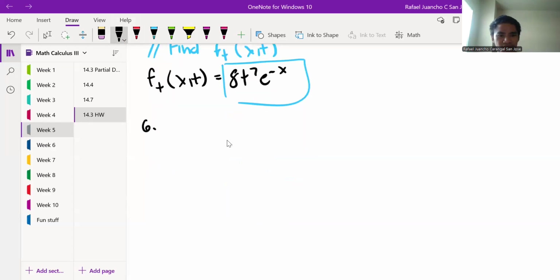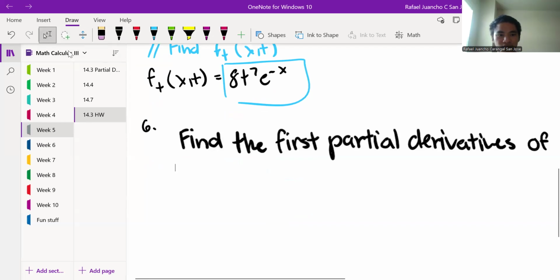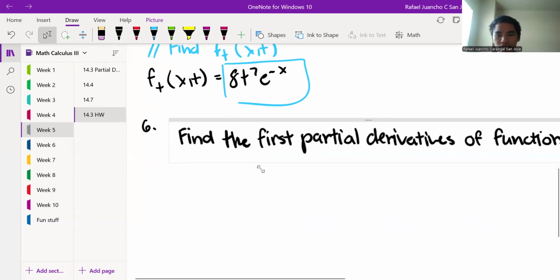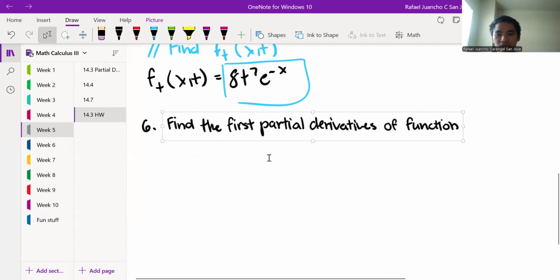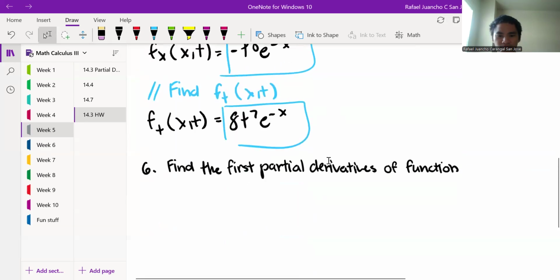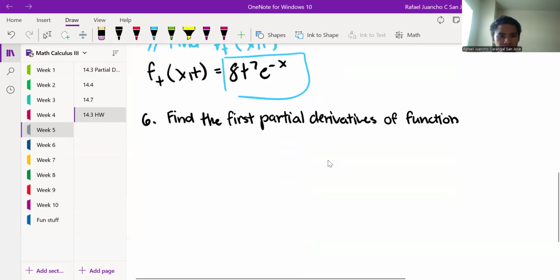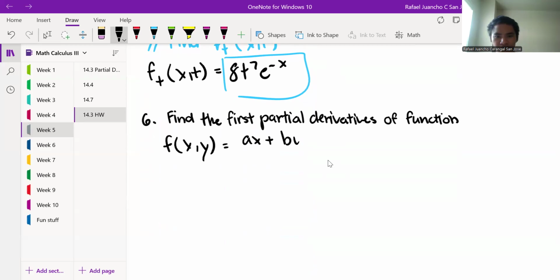Okay, let me quickly do some. Number 6. So here again, we're being asked to do the same thing. Oh my goodness, what happened there? Okay, I think it made a screenshot out of it. Anyways, okay. So here I'm given this function, f of x, y is equal to ax plus by over cx plus dy.